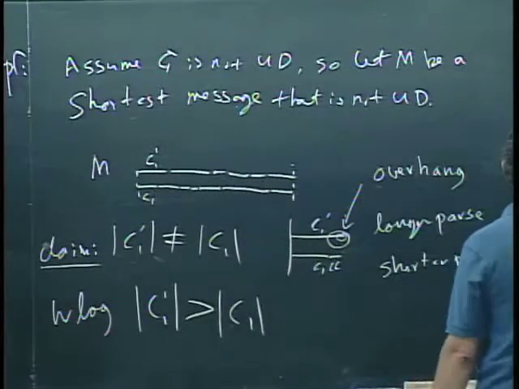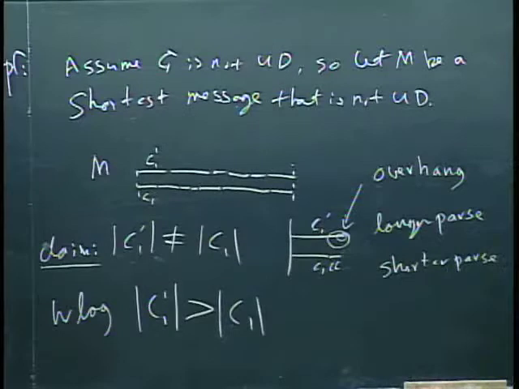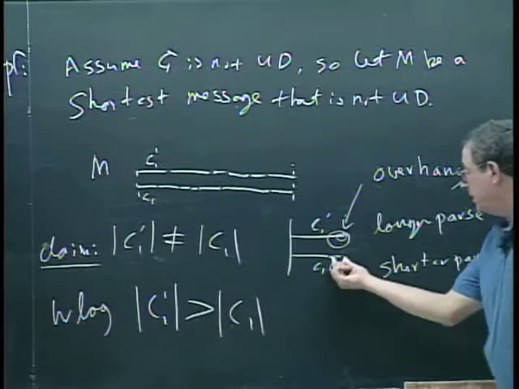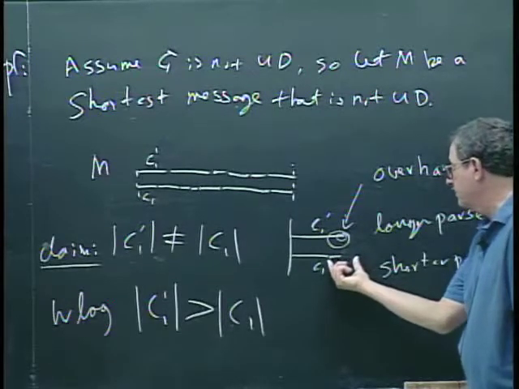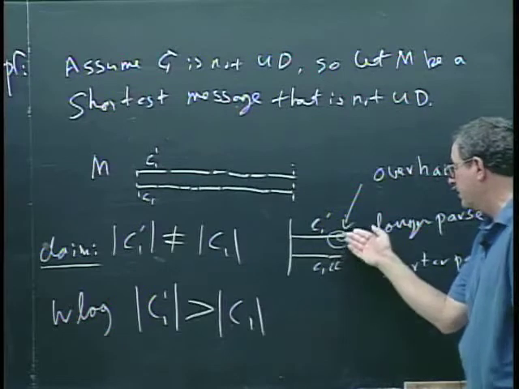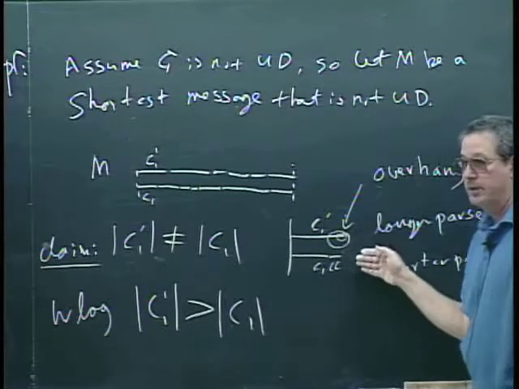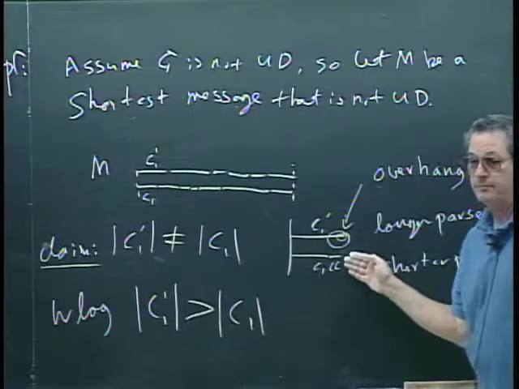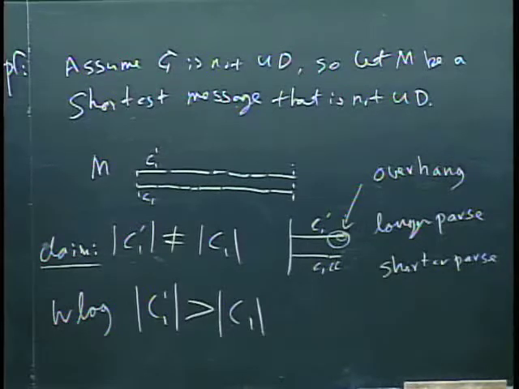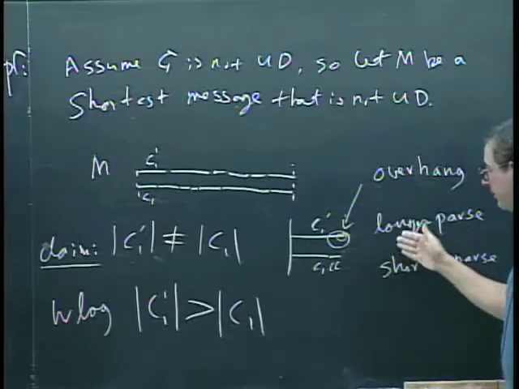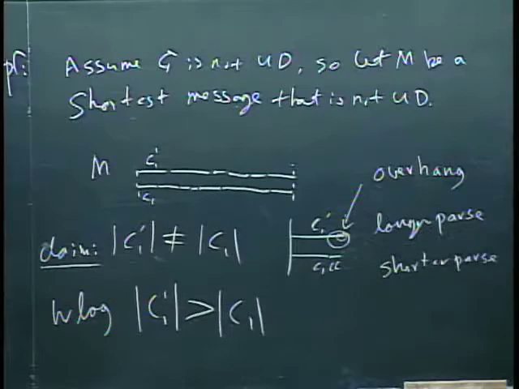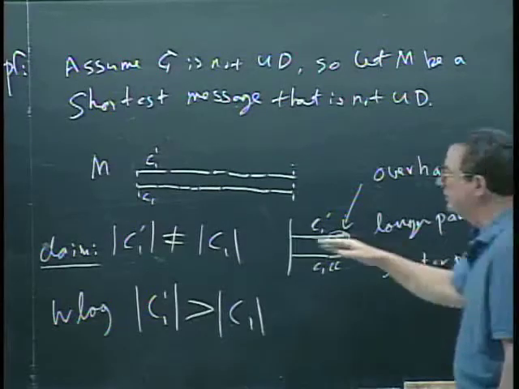And we're going to do it in this way. Always add the new code word to the currently shorter parse. And then when you do that, the new code word that you add in may extend the shorter parse past the currently longer parse, and then it becomes the longer parse, or it might not. Okay. And we're just going to do this until we get to the very end of M, and that's the way I want to consider the two parses.